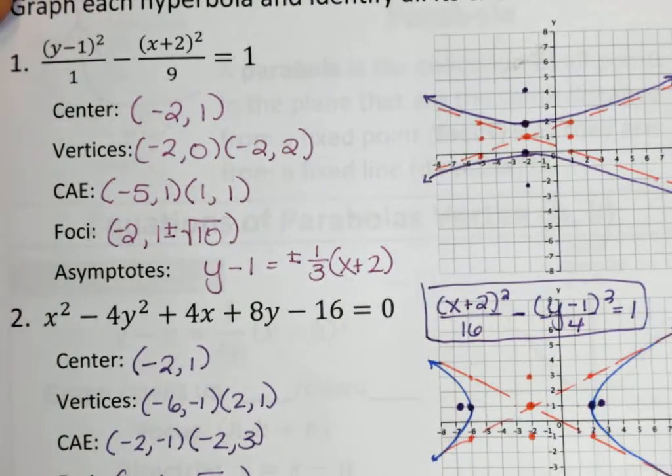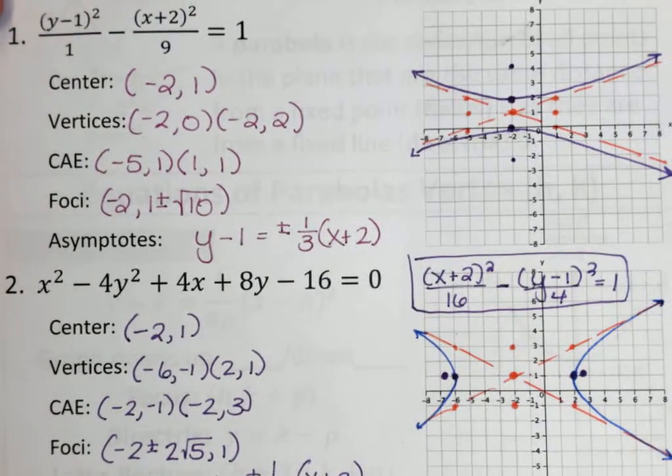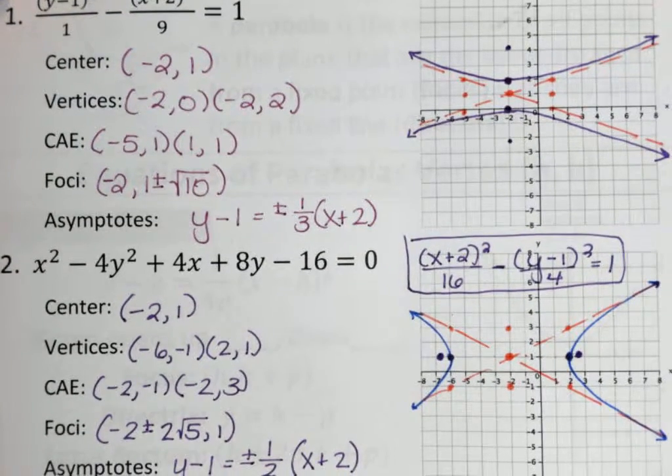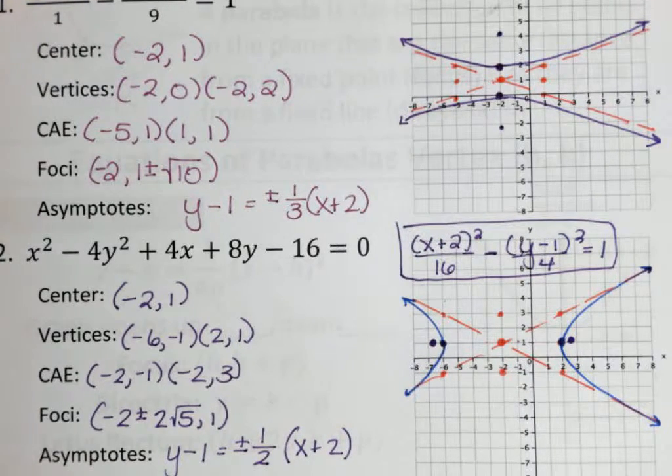Okay. So taking a look at numbers 1 and 2. I'm trying to read facial expressions. I'm seeing lots of people writing stuff down. Did you not finish? You forgot to do the asymptote. Do we understand where the asymptote comes from?